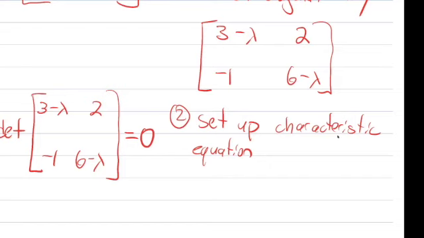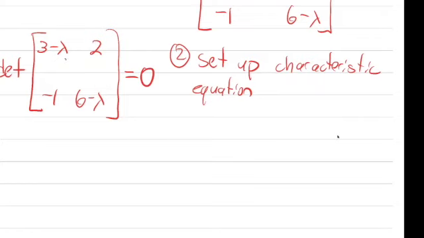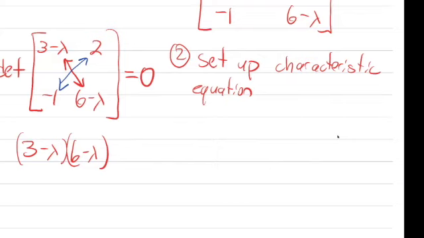Because when we take the determinant of a matrix, we get a scalar number. And when we take the determinant, at least for a 2 by 2 matrix, the calculation is a little bit easier. We just take the product of the two diagonal entries. And then we subtract the product of the off-diagonal entries.